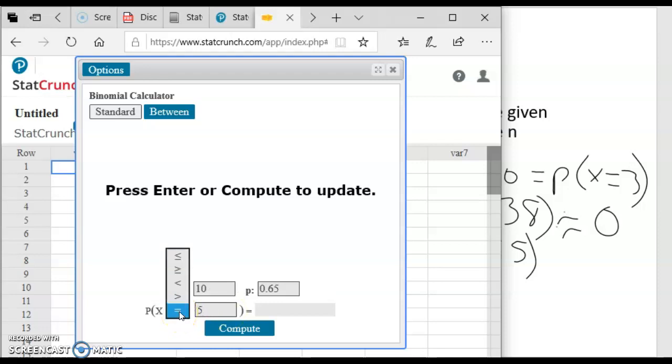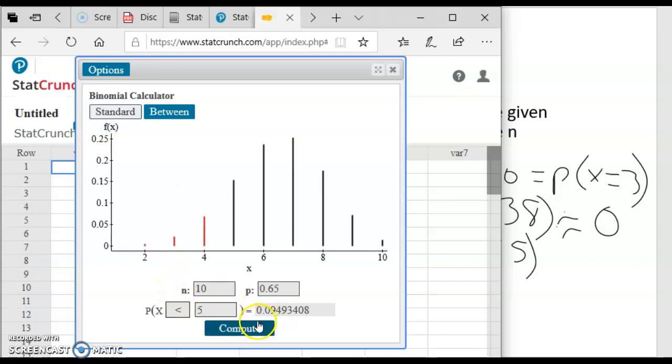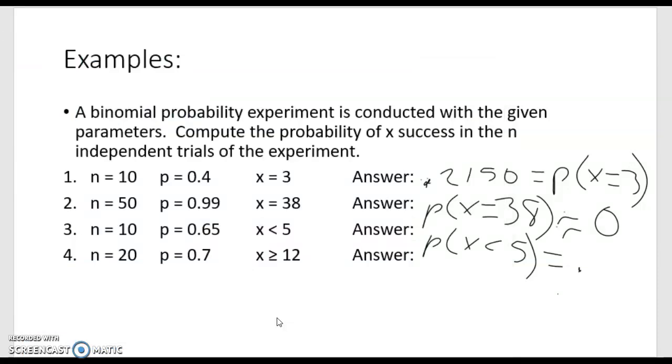So I'm going to click this equals, and we want this one. So we've got about 0.0949 there. So a little less than 10%.